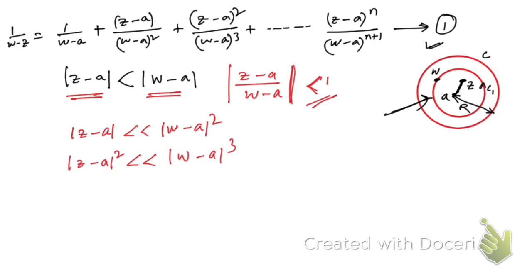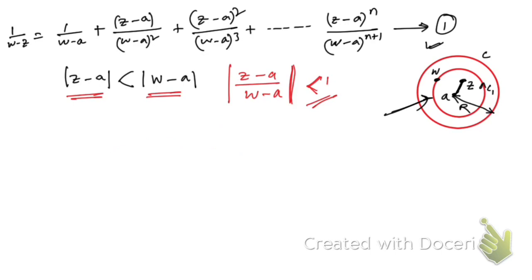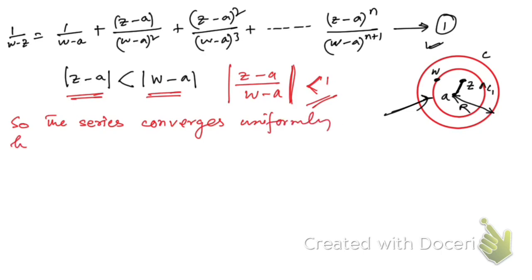That's why we can say this series is converging. Therefore the series converges uniformly, hence if it converges uniformly, it is integrable, right? It is integrable.